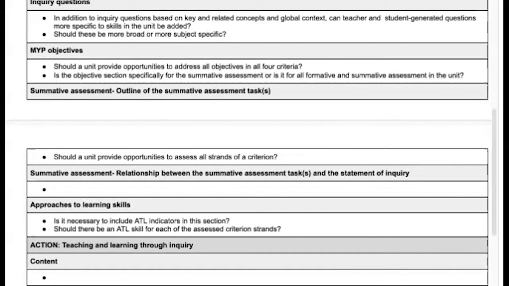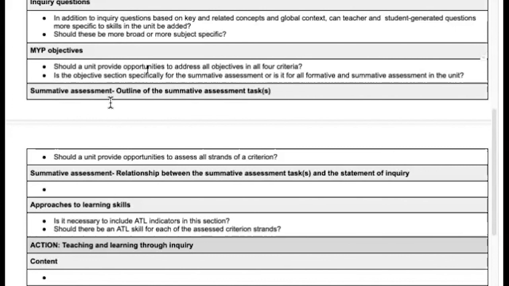Then another question about the MYP objectives. Should a unit provide opportunities to address all objectives in all 4 criteria? This is a more complicated answer, but no, it doesn't have to address all objective strands. I'm assuming that's what this means. All objective strands of all objectives, or all criterion strands of all criteria.